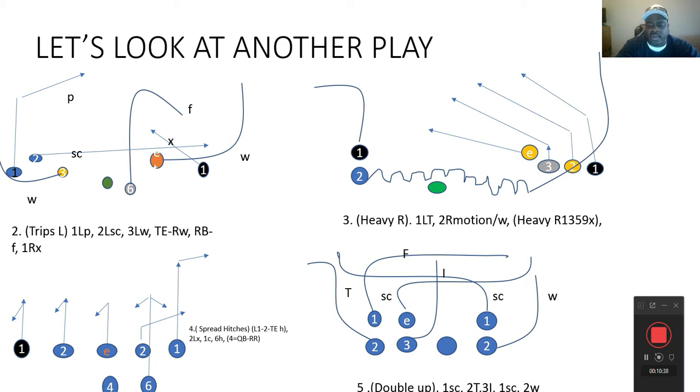You look at number 1. Number 1 is running a shallow cross. I mean, number 1 is running not a fade, but he's running up and he's coming across the field. He's basically running a dig. Number 2, he's coming out of here. He's running the out.